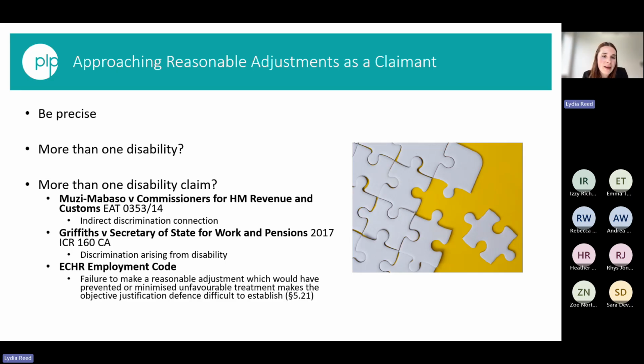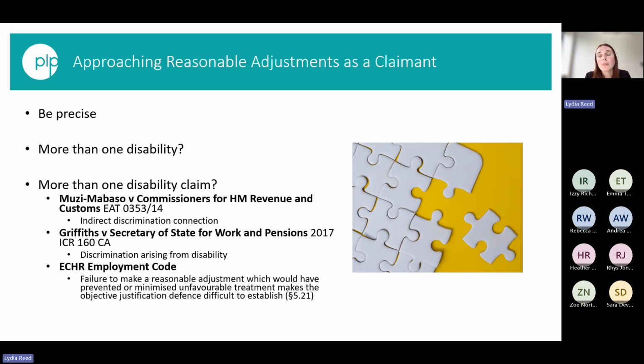Secondly, the case of Griffiths discussed the crossover with Section 15 claims, so discrimination arising from disability. And Lord Justice Elias explained that an employee could be dismissed without a reasonable adjustment being made, and the two claims could run at the same time.